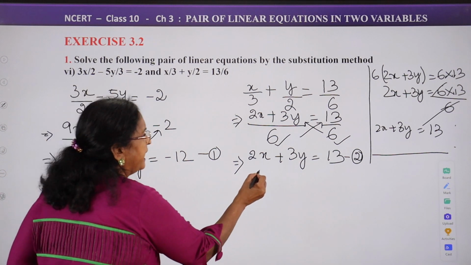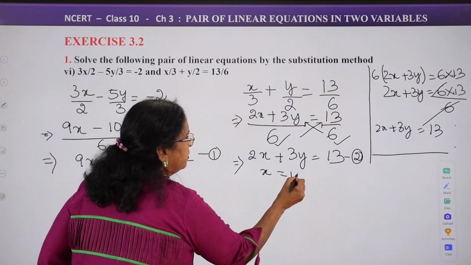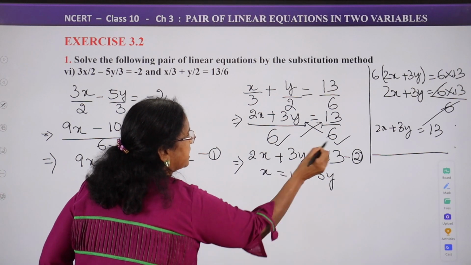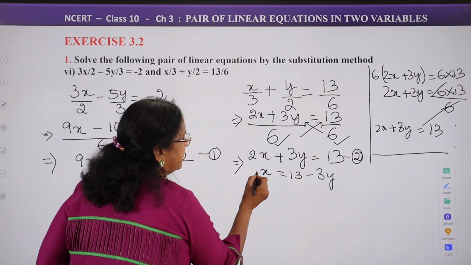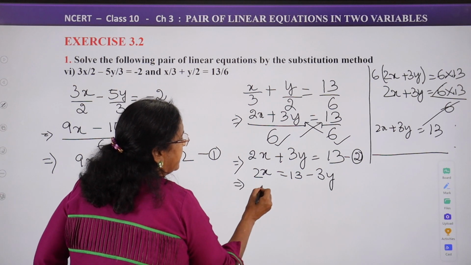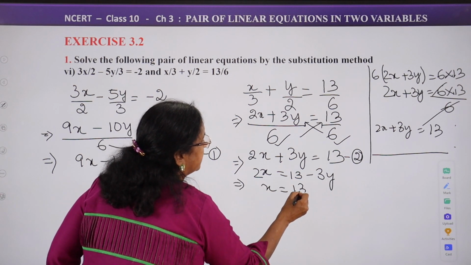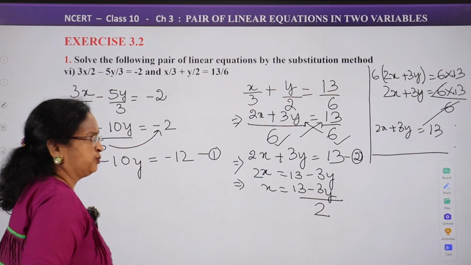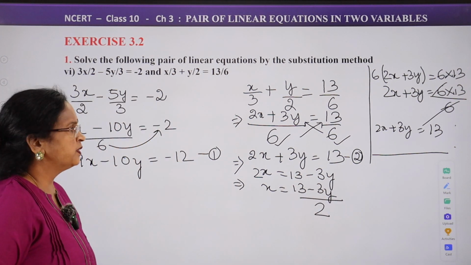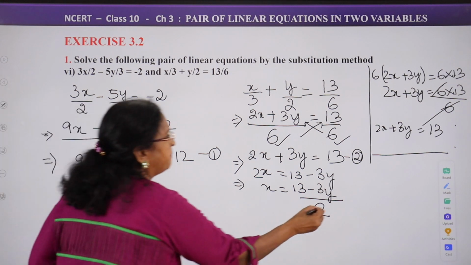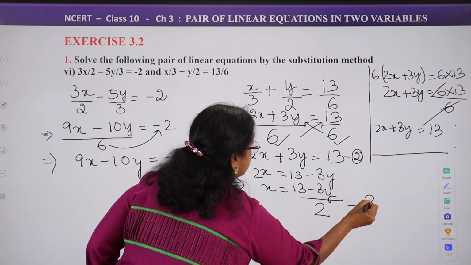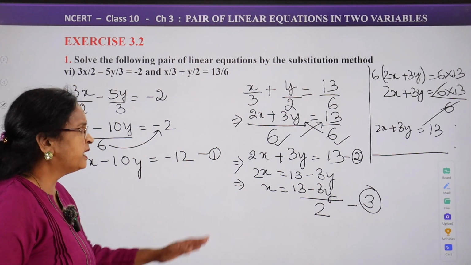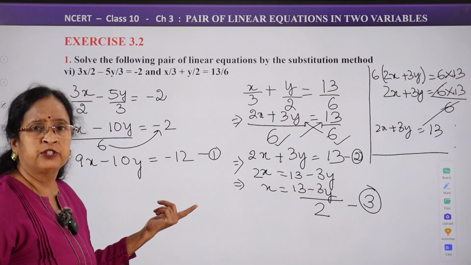So, x is equal to 13 minus 3y plus 3y will become minus 3y. Alright. X is equal to 13 minus 3y whole by 2. Now, let me put this as equation 3.